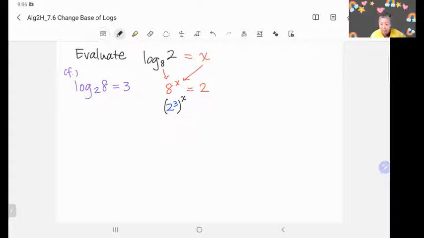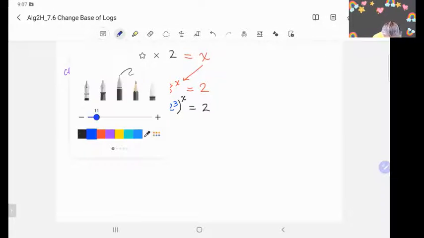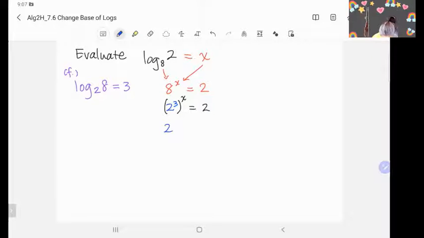Now I simply rewrote 8 as cubed, and the other side is 2, copy down. Then now using the power rule, this is 2 to the power of 3x, then it's 2. The right side of the equal sign, 2 has an invisible 1 as the exponent.